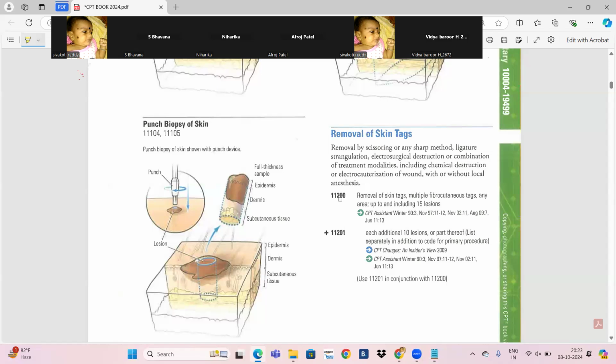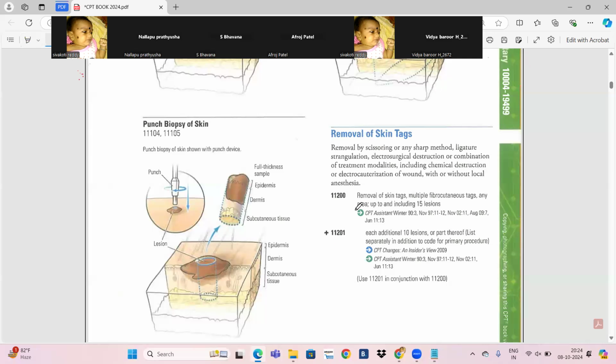So next, removal of skin tags, multiple fibrocutaneous tissue tags, any area, up to 15 lesions: 11200. Each additional 10 lesions, what is the code? 11201. Plus symbol means add-on code.